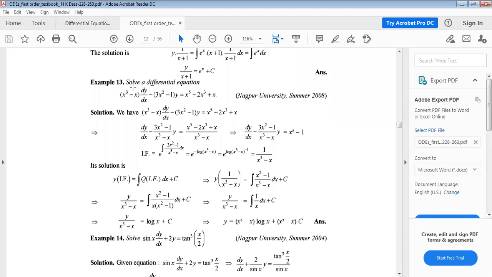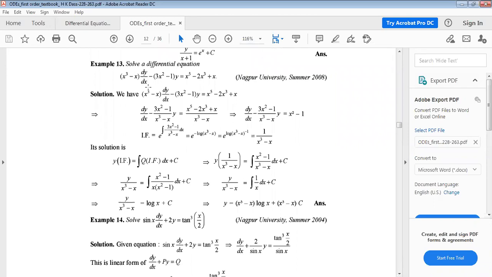Solve the differential equation (x^3 - x) dy/dx - (3x^2 - 1) y = x^5 - 2x^3 + x. This is a linear differential equation of first order, because the coefficient of dy/dx is 1, and this is a function of x, y times a function of x, and x^5 - 2x^3 + x is also a function of x. So this is a linear differential equation of first order.